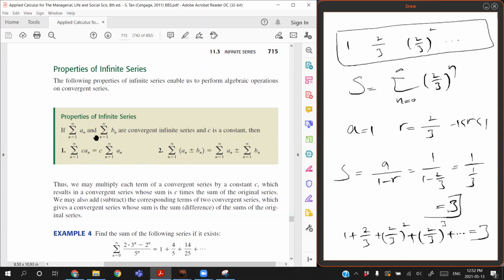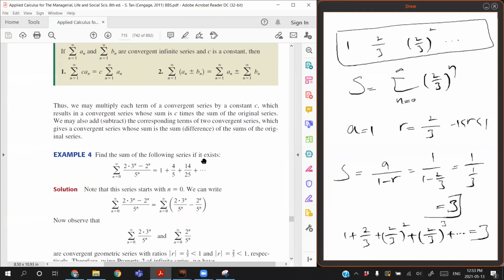So if sigma an and sigma bn are convergent and C is a constant, then you can just move this C out of the summation notation. It's like factoring out from an infinite sum. And sigma an plus bn is going to be sigma an plus sigma bn, and sigma an minus bn is going to be sigma an minus sigma bn, as long as these are convergent.